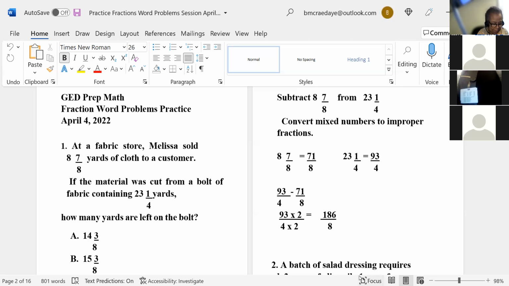You're going to subtract 71 from 186, all over 8. You get 115 over 8.